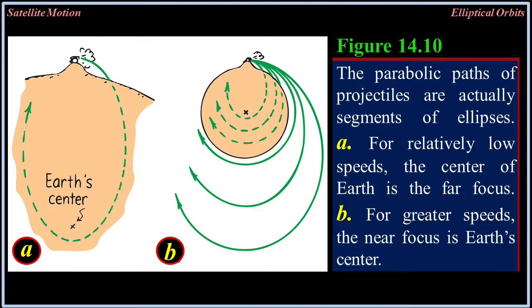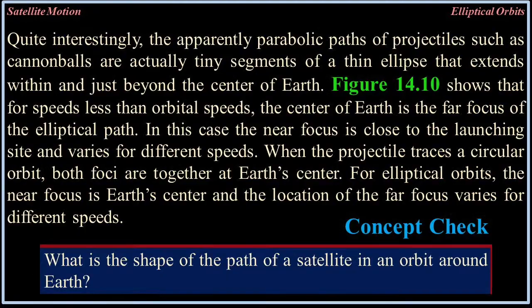In this case, the near focus is close to the launching site and varies for different speeds. When the projectile traces a circular orbit, both foci are together at Earth's surface. For elliptical orbits, the near focus is Earth's center, and the location of the far focus varies for different speeds.